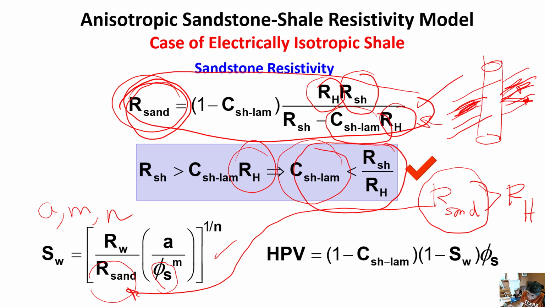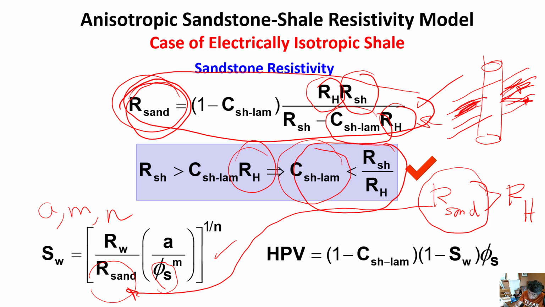And I also want to point out that the reason why I'm using Arch's equation is because I'm assuming that as soon as I strip out the effect of the layers of shale, what I have left are the intralayers of sandstone, and I'm making the assumption that those intralayers of sandstone are free of grain coating clay. If those grains have grain coating clay, then I have to apply a second correction. But this equation so far makes the assumption there's not such a thing.